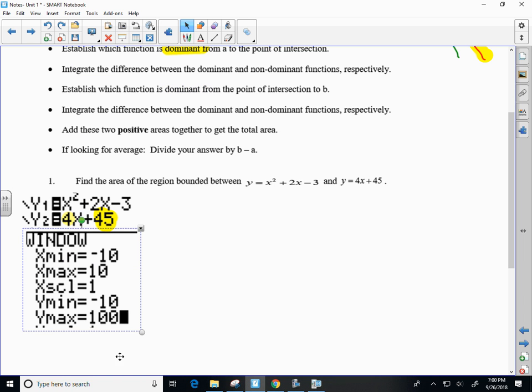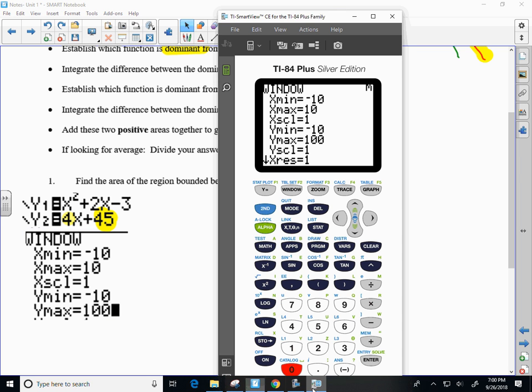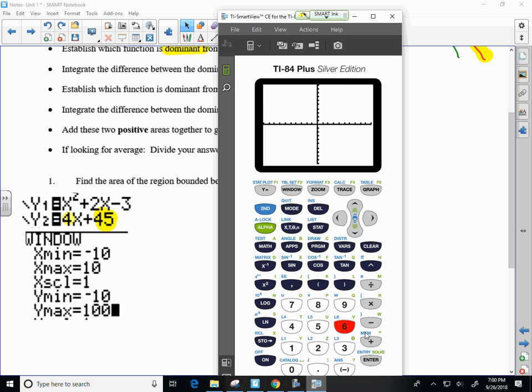So just a quick review of that, because we don't always know stuff is important until it smacks us in the face. So I'll just do a zoom 6. You have your graph. If you didn't know where that 100 was coming from, then this is for you.